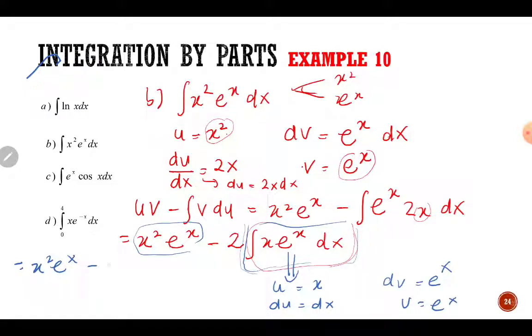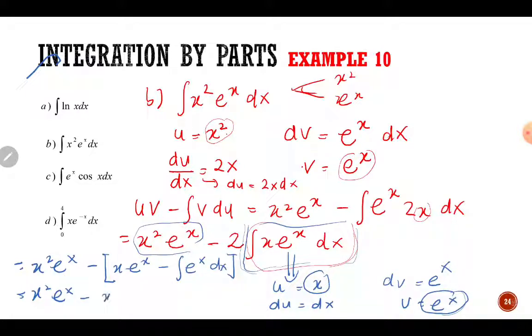So minus with kat sini u darab dengan v. U darab dengan v is x e to the power of x minus with v du, e to the power of x dx. So we have x square e to the power of x minus x e to the power of x tambah integrate e to the power of x.